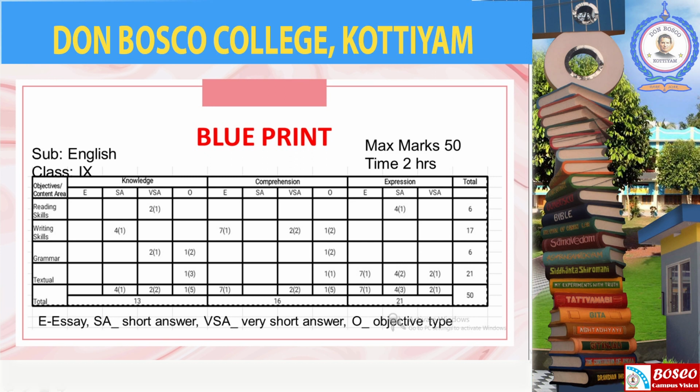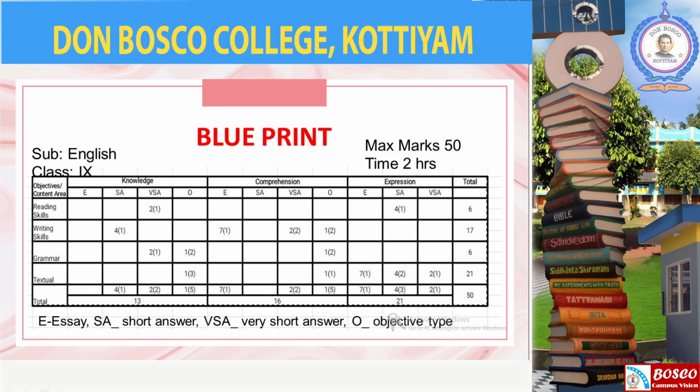When you prepare the blueprint, you arrange the objectives horizontally and content areas vertically. In this example, I arranged the objectives horizontally: knowledge, comprehension and expression. And the content areas, reading skills, writing skills, grammar and textuals, I arranged vertically. Each objective is further divided into 4 columns.